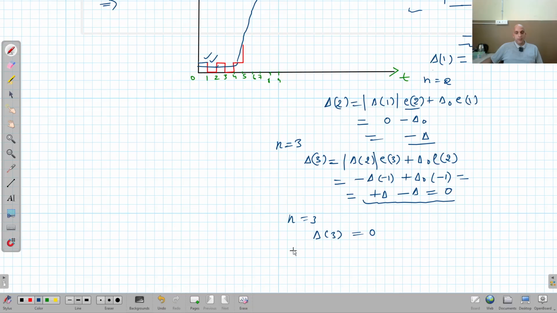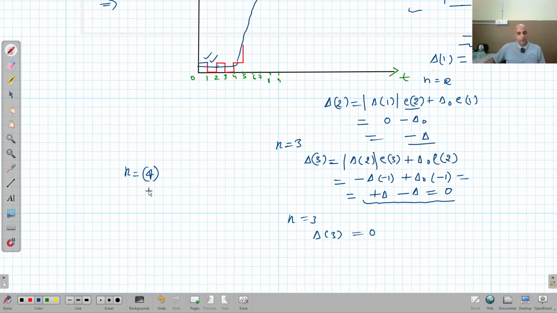Similarly, you can calculate for n is equal to 4. So for n is equal to 4, look at the error signal first. The error signal is again positive because it is higher here.